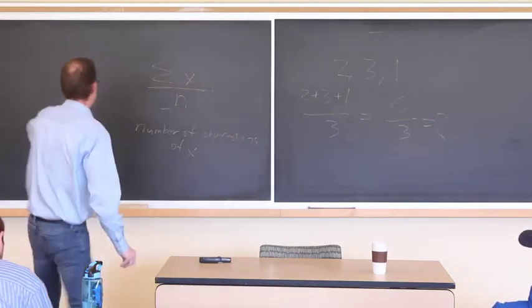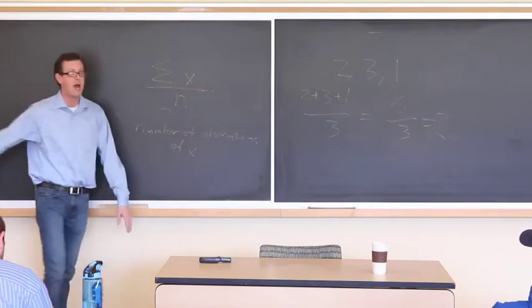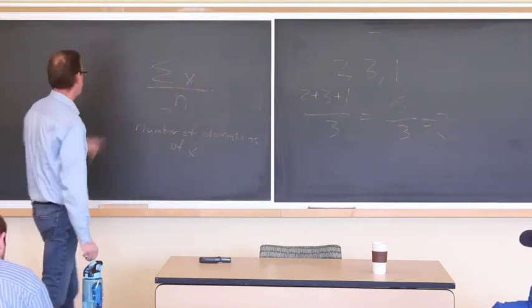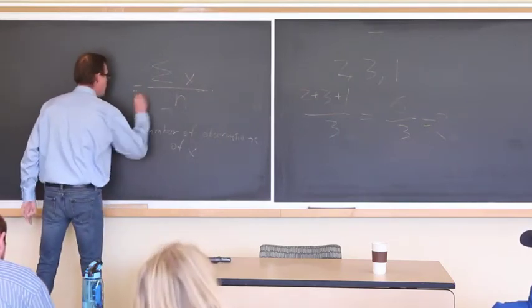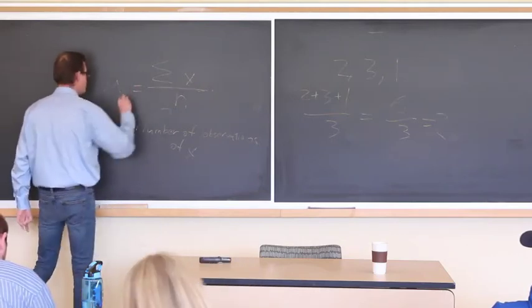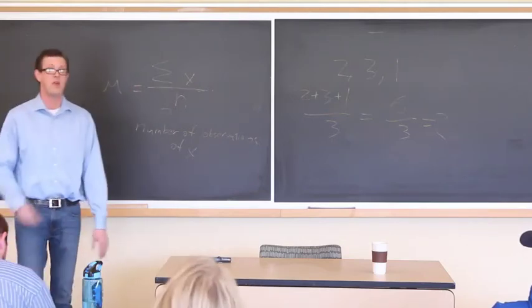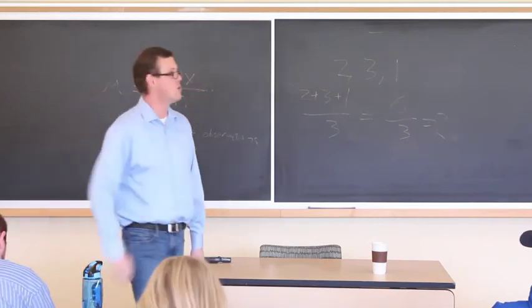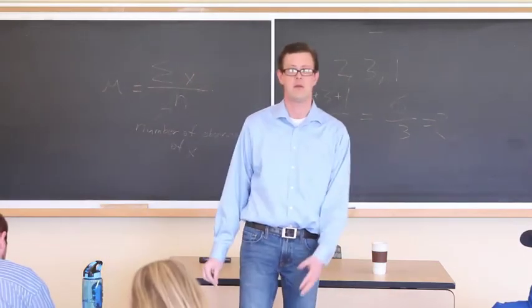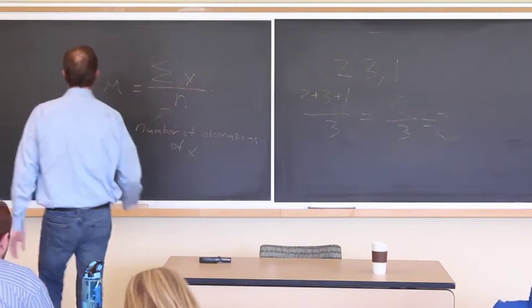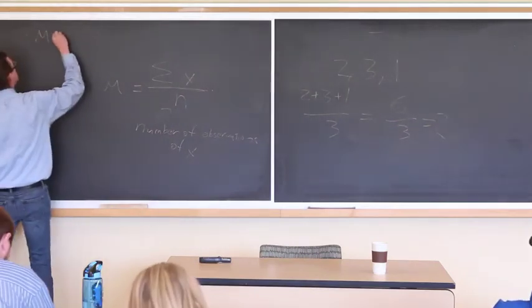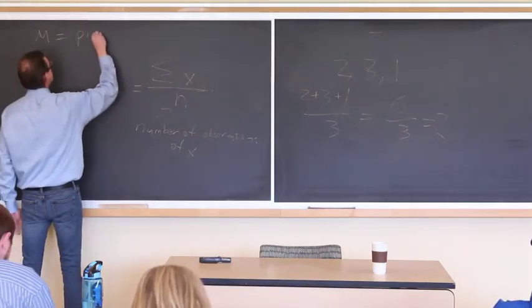Just add all of the x's and divide by n. That's our mean. This particular form of the mean, if we have the entire population, we're going to represent with the Greek letter mu. Mu for mean. So if you see mu, you know that we're talking about a population mean.